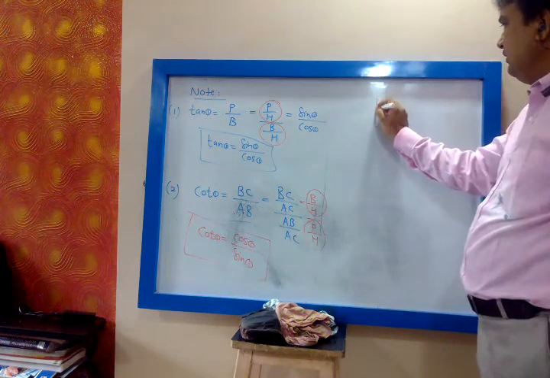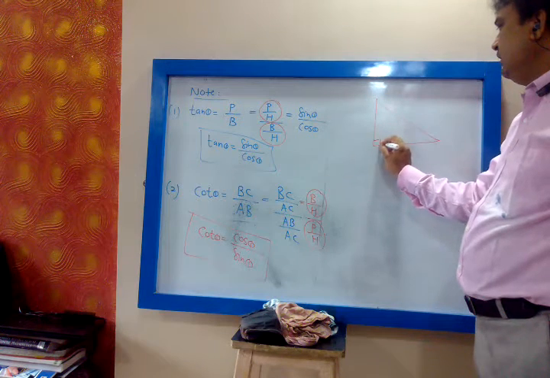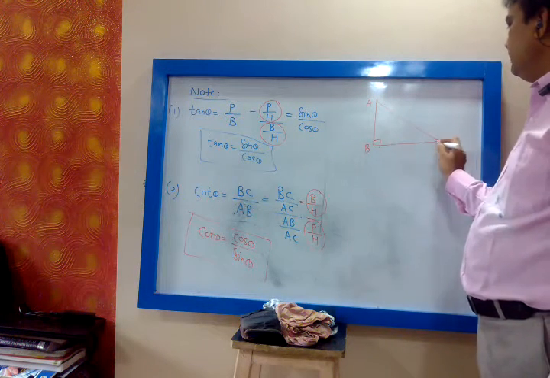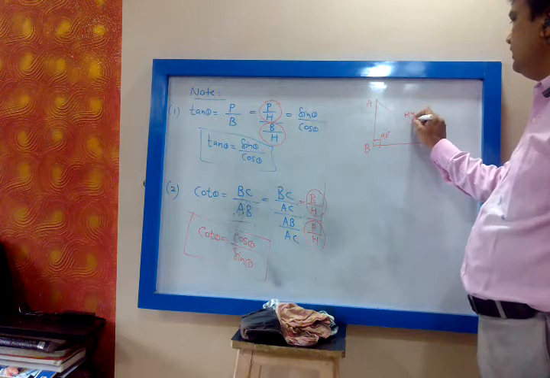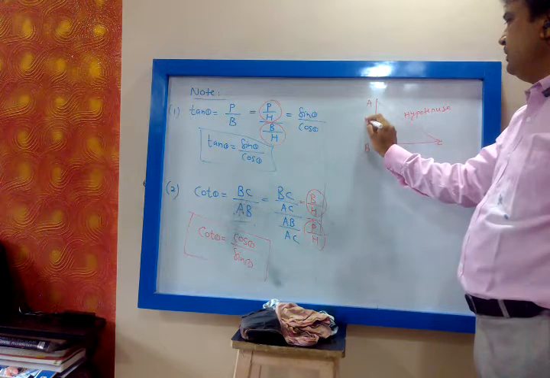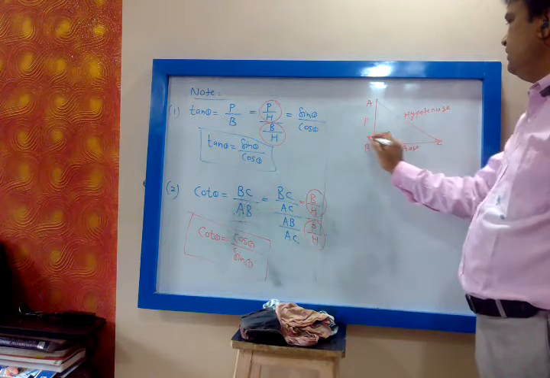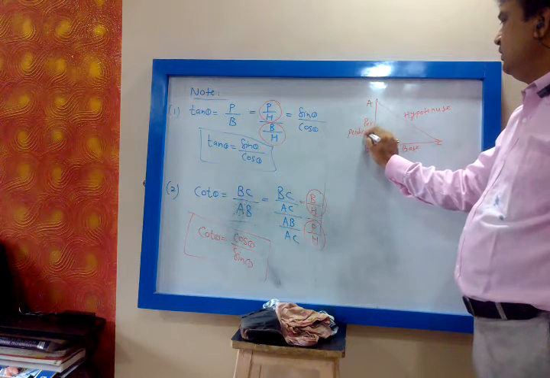So now we consider right angle triangle ABC. B is 90 degrees. So this is my hypotenuse, this is the perpendicular and this is the base.